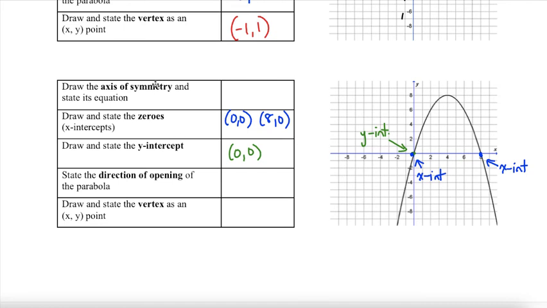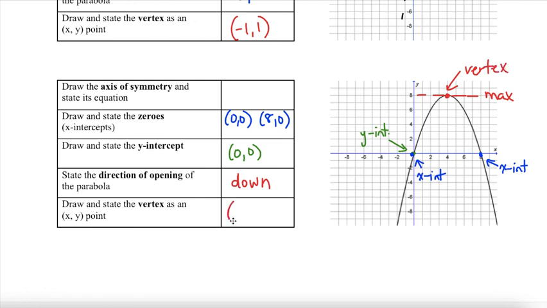Looking at my direction of opening, it opens down. So it creates sort of an N shape. It opens down, down ends with the letter N, and this sort of looks like an N. Because it opens down, it has a maximum value at my vertex. So there's my vertex right there.